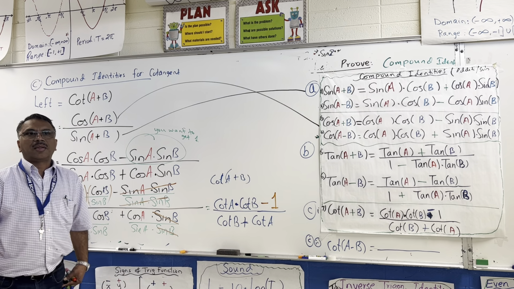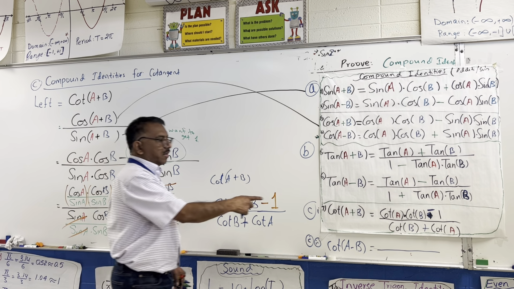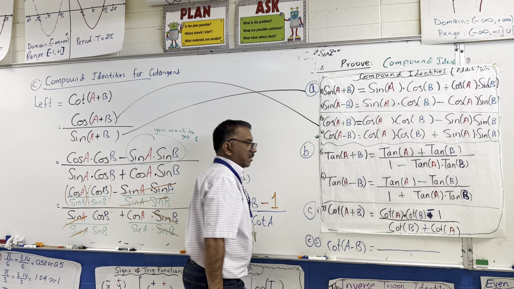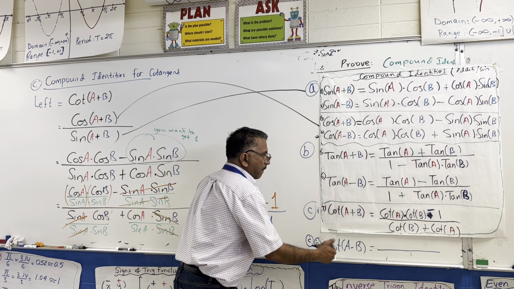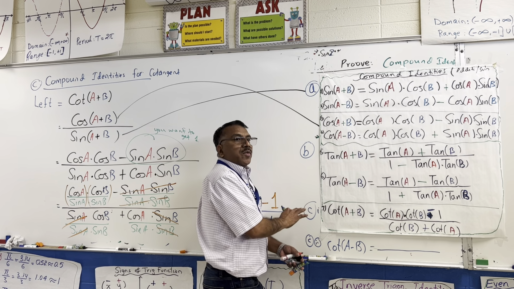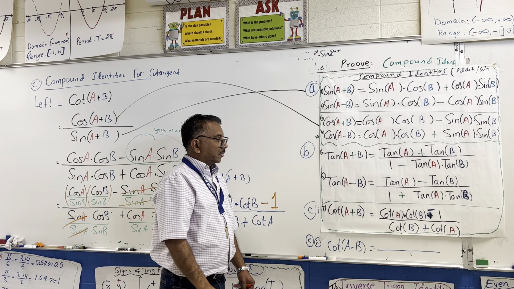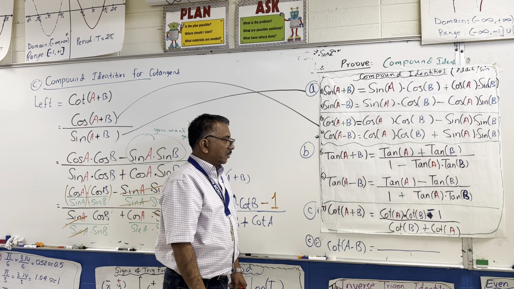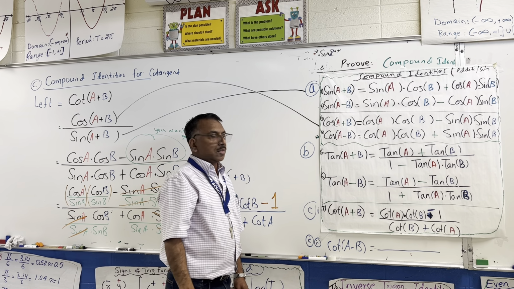Make a conjecture: by looking at this formula, can you think of what the next one should be? It has to have cot all the time.